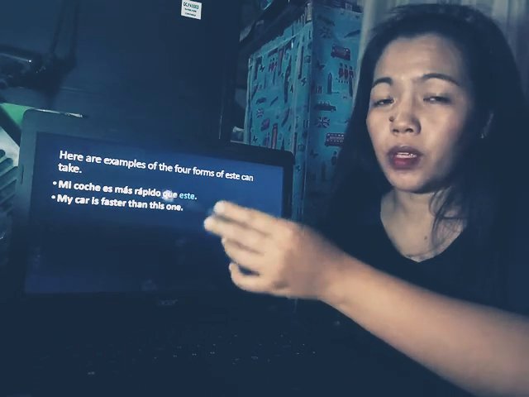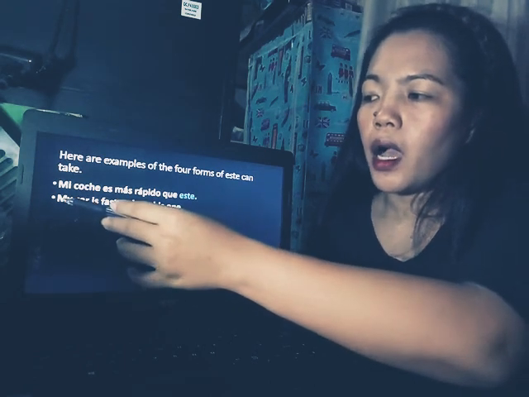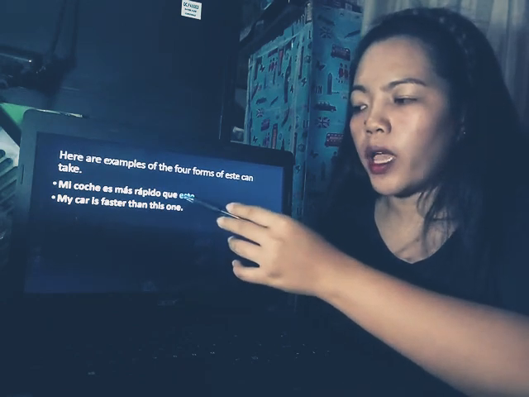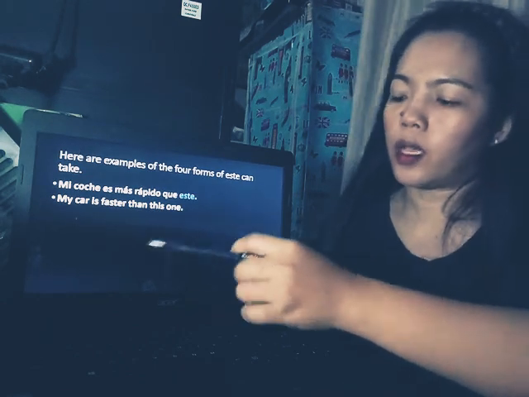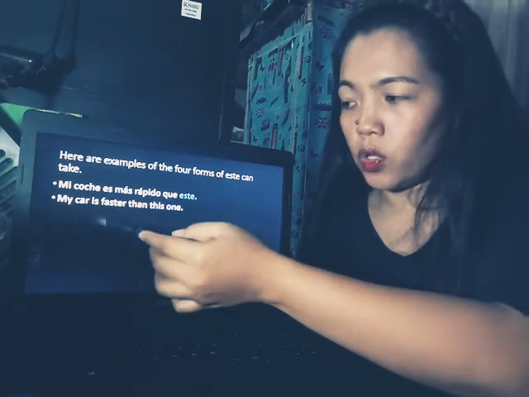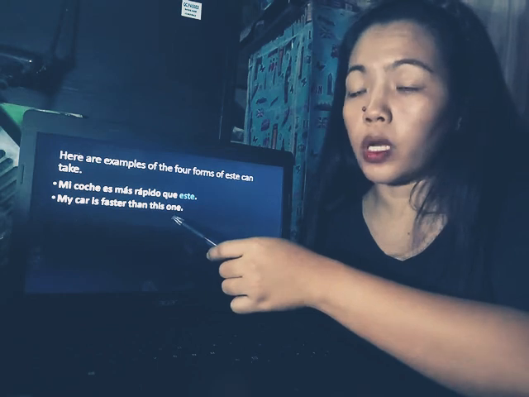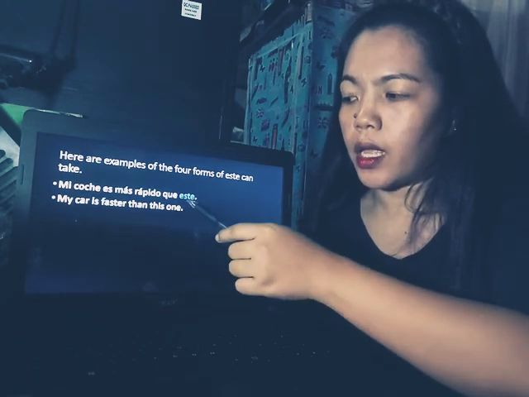Instead of saying my car is faster than this car, you can change it into este. You notice they didn't repeat the noun, so they changed it into this one. So coche and then este.